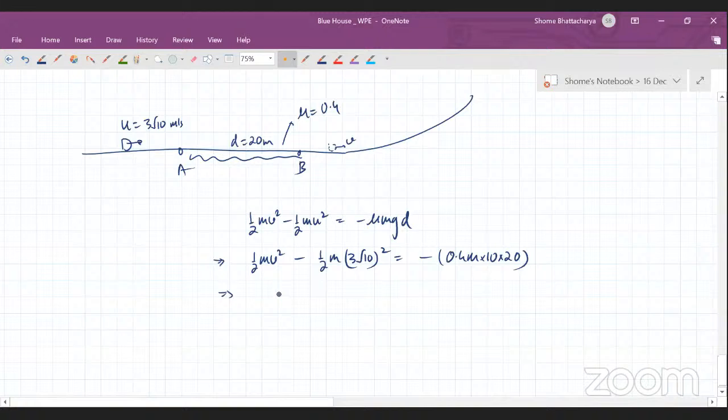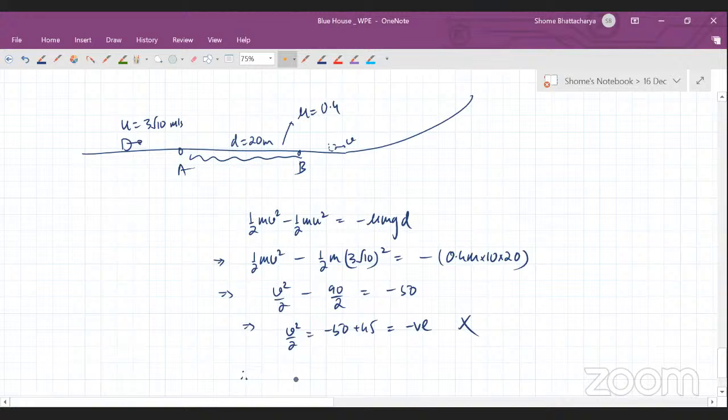So cancel off the m. So you'll get v square by 2 minus, this will become how much? 90 by 2 is equal to minus 200 into 0.4. So that's 50. So we'll get v square by 2 is equal to minus 50 plus 45, which is a negative quantity. So that is not possible.